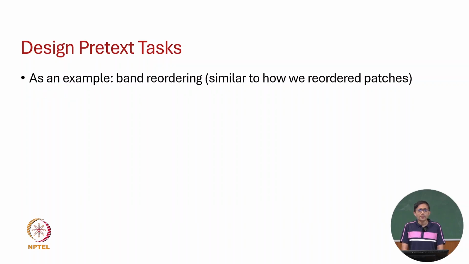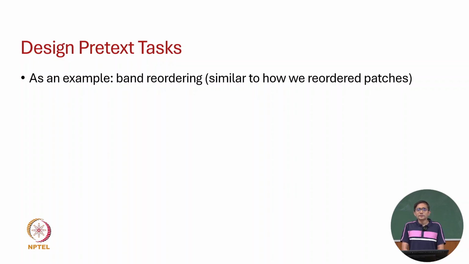So let us see some of them. One possibility, again, think of this patch reordering. You divide the image into patches and you reorder the patches, and there we were working in the spatial domain. The common formula most of the time is that whatever is in the spatial domain, we are somehow converting into the spectral domain for hyperspectral images, right?